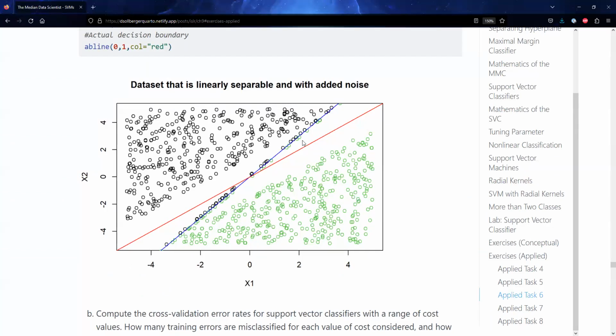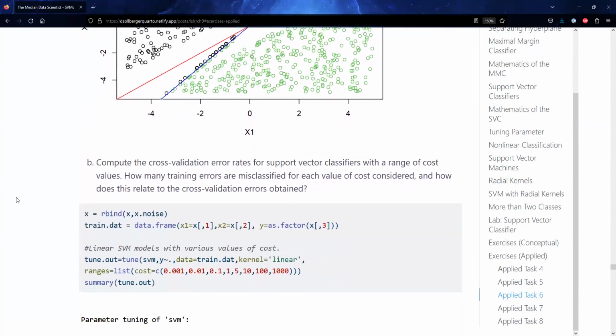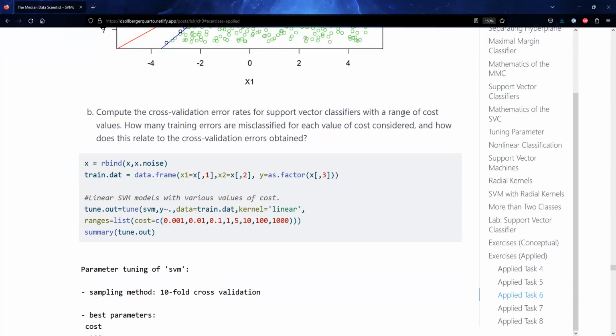So with some added noise, if we have some black dots and green dots in different locations, the suggestion for the hyperplane is now the blue line, whereas the red line was the original. But the goal of this particular exercise is to look at the range of cost values. So in that situation, we're trying out different levels of cost.